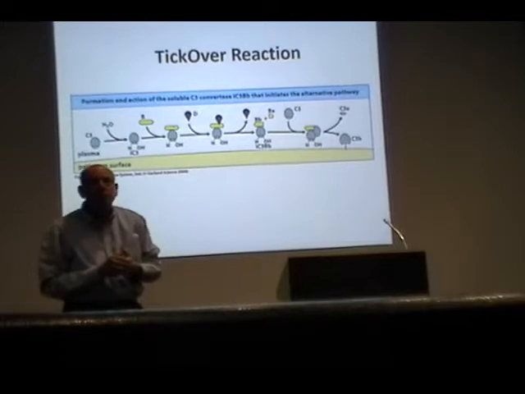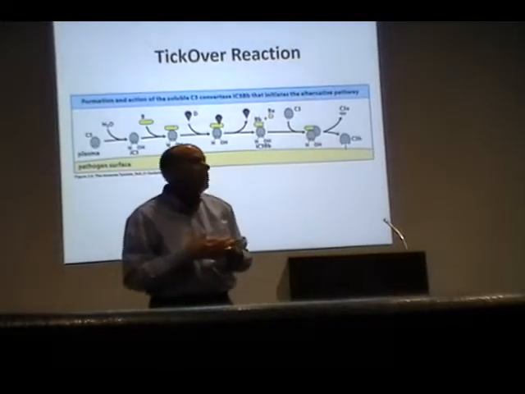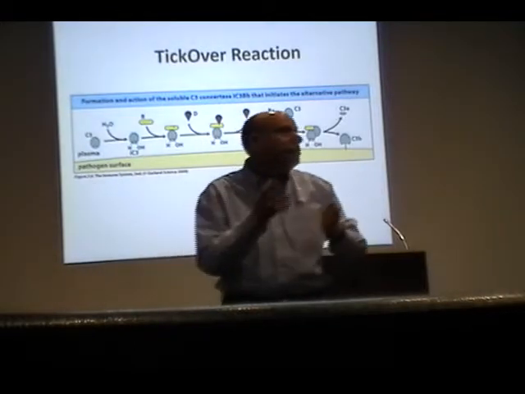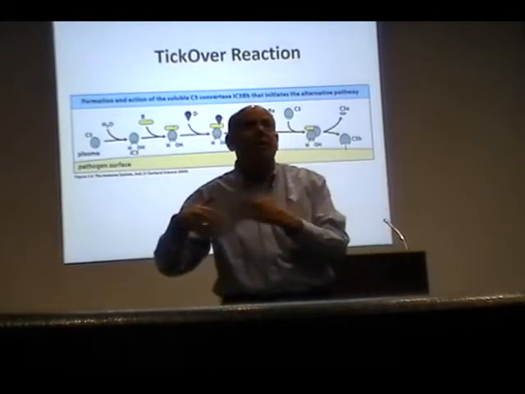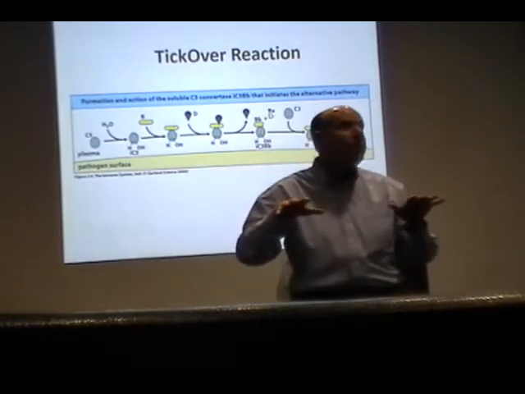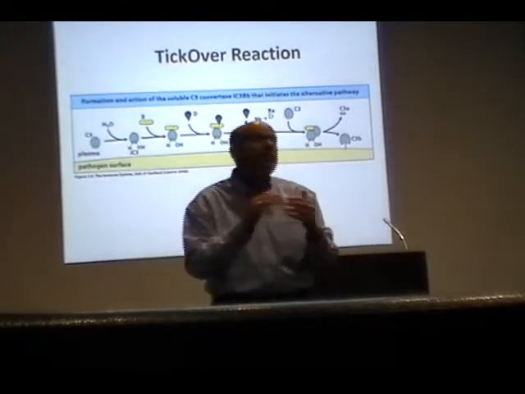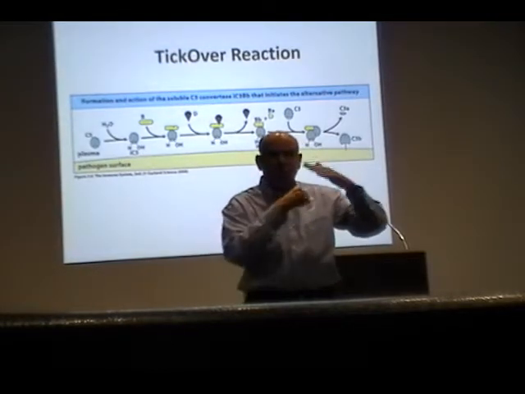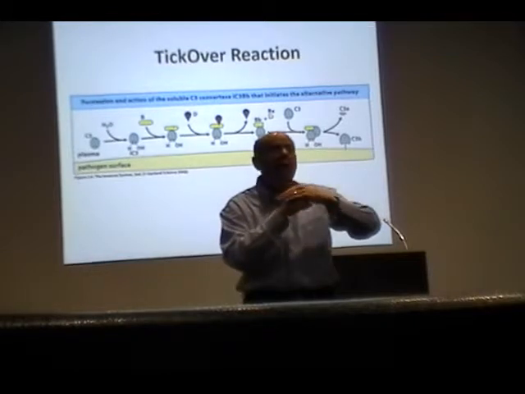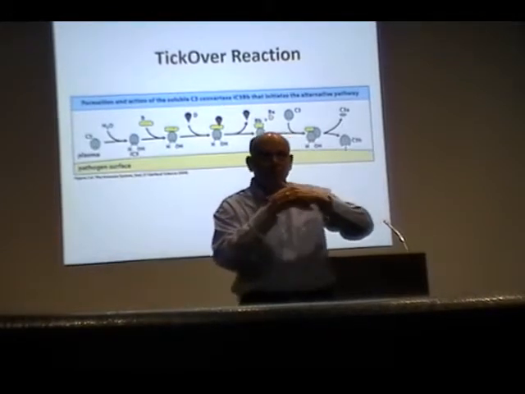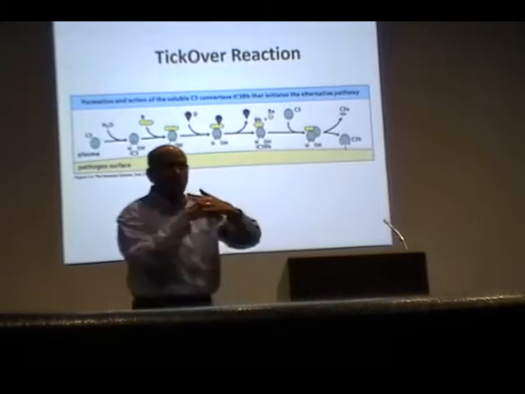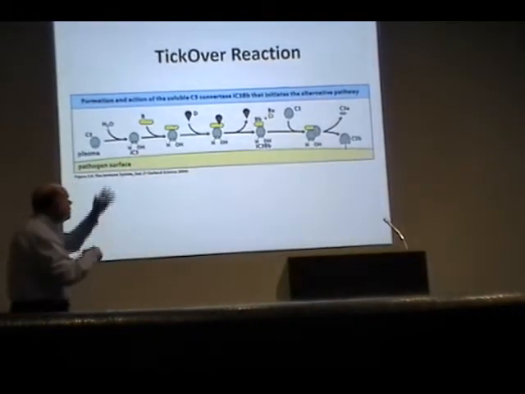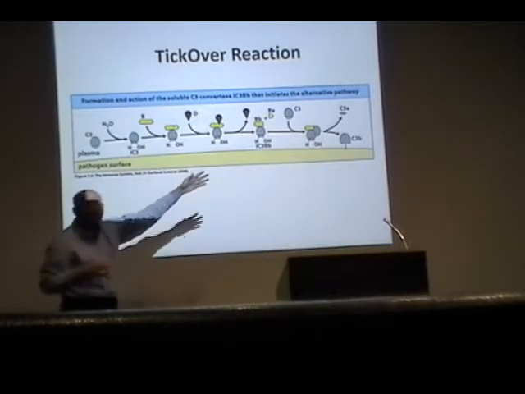That molecule is a substrate for another protease called D. So protease D will not cleave B when it's floating around by itself. All these molecules are floating in your serum right now. D will not cleave B when B is floating alone. However, when B binds to C3b, or when B binds to C3 flex, D can then use it as a substrate, and D will cleave B into Ba and Bb.